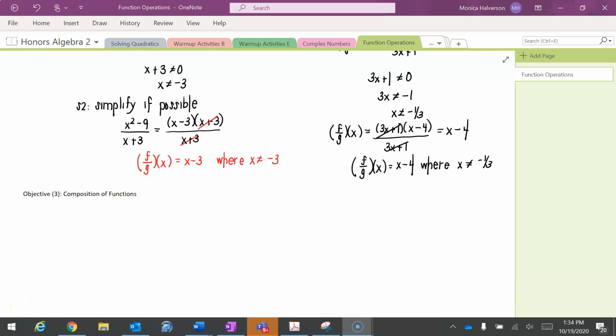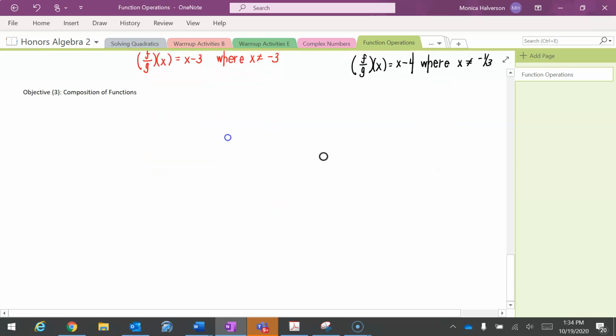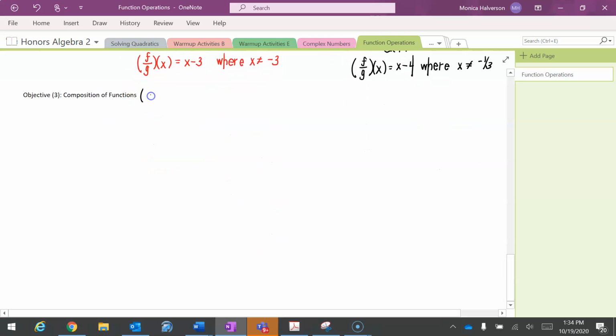So the last thing we're going to talk about today is the composition of functions. And the composition of functions is noted as f circle g or g circle f.